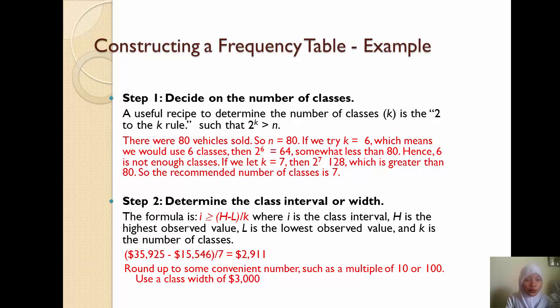And then step 2, determine the class interval or width. The formula is i ≥ (H − L) / k, where i is the class interval, H is the highest observed value, L is the lowest observed value, and k is the number of classes.